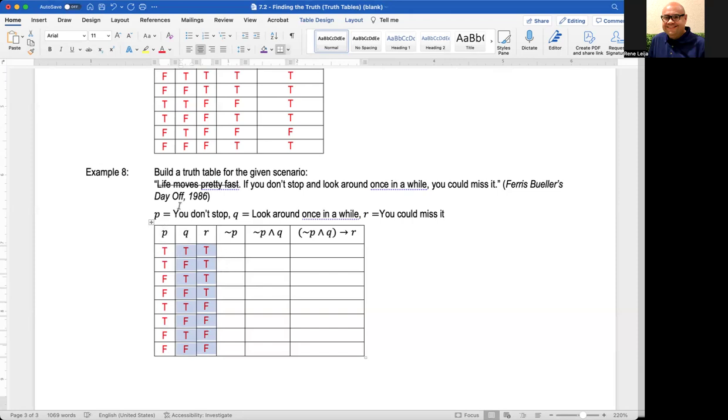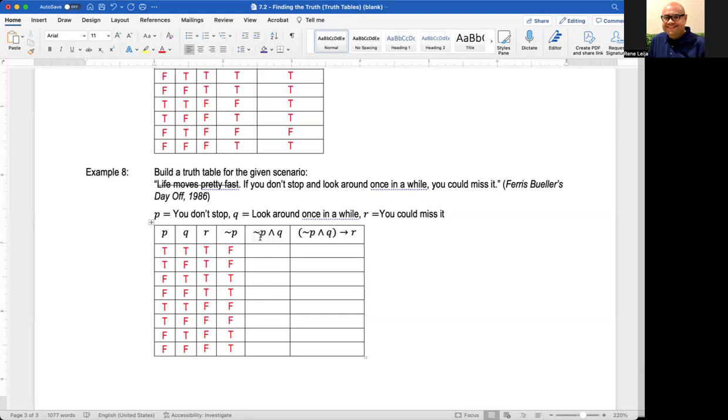I would have something, just like a pencil or something to cover up the letters you don't need. Okay. So that you can only look at the right one. So we're going to look at the P column because we need not P. So if you don't stop, don't. So there's the not P. You're not stopping. You're doing the opposite, opposite, opposite. Okay.